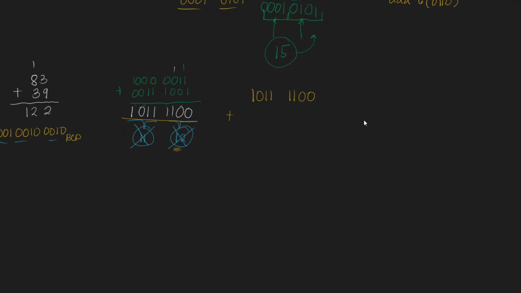Unahin mo muna dito class rightmost. That is 0, 1, 1, 0. Okay. Then 0. Then that is 1. Then that is 0, carry 1. Okay, then you have 0, carry 1. Then 1. Tama na yata.